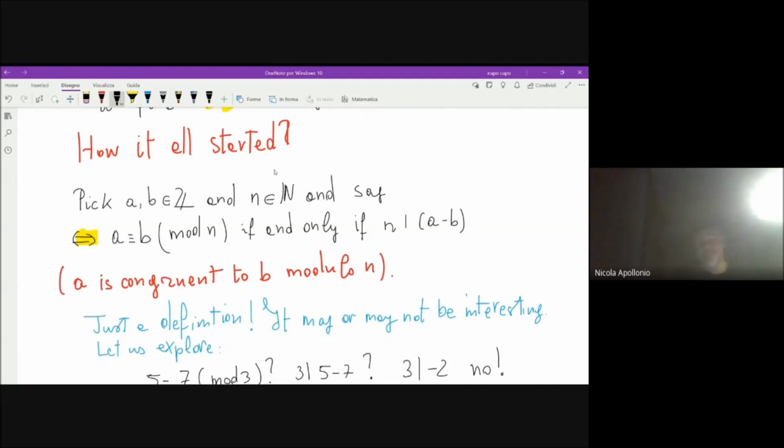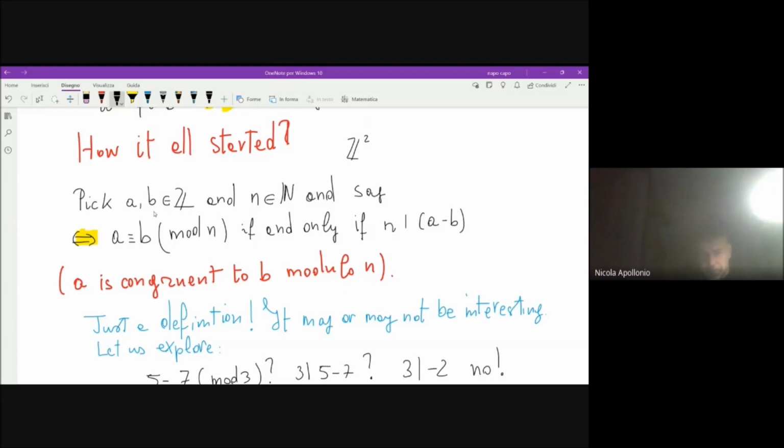Of course, there is no need to be more formal than this. You recall what a relation on Z is? It's just any subset of the square of Z, just ordered pairs of integers.